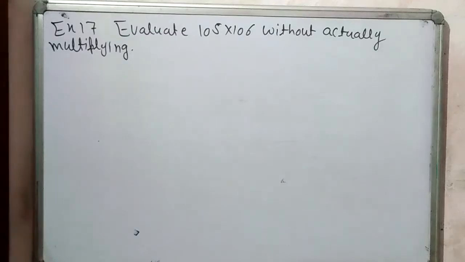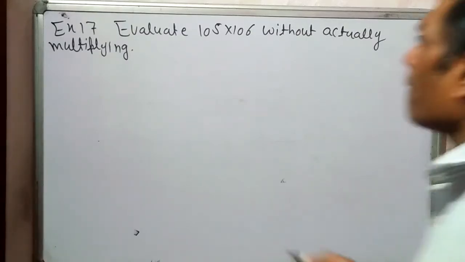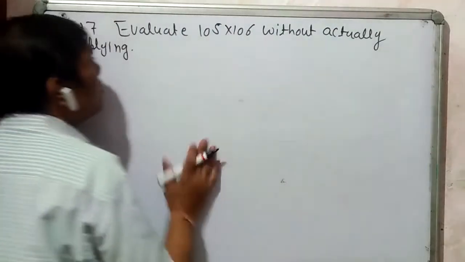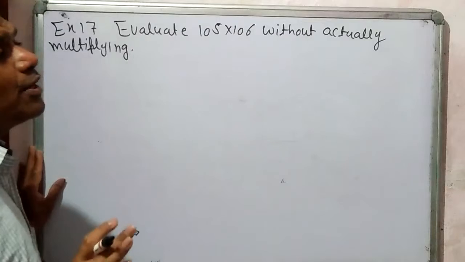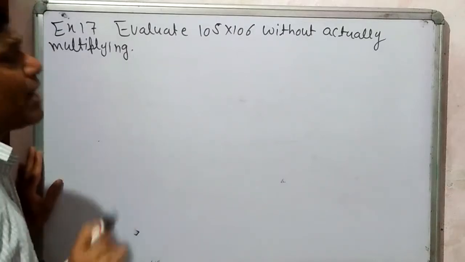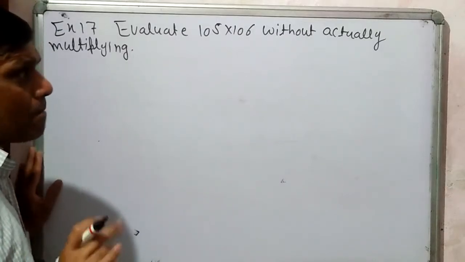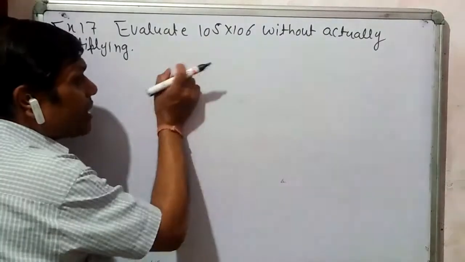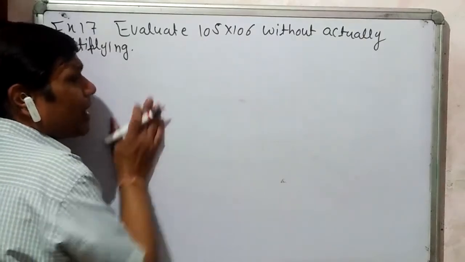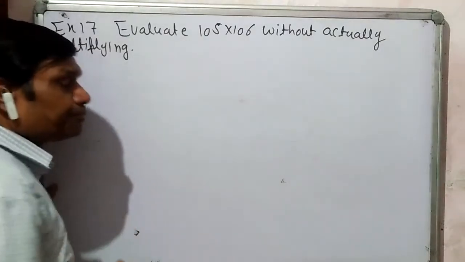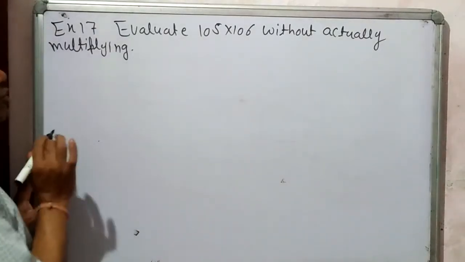That means you have to use the identity. And for using the identity, first we have to split these numbers, break up these numbers so as we are able to form any one of the four identities. If the numbers would have been the same, we would have taken the identity of the square, but they are not. So what can we do?